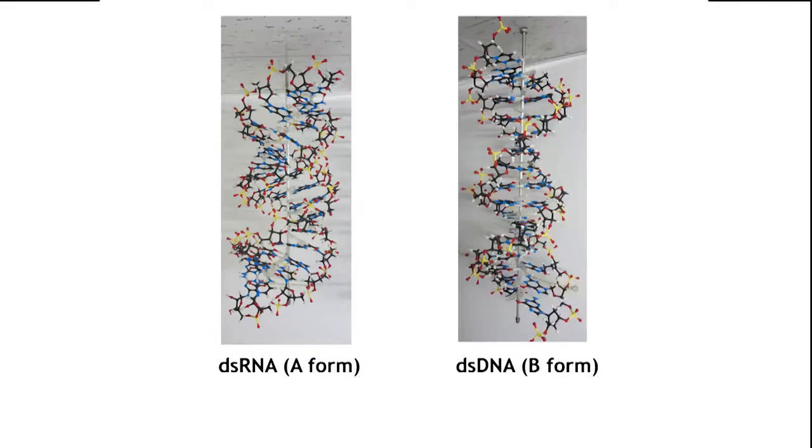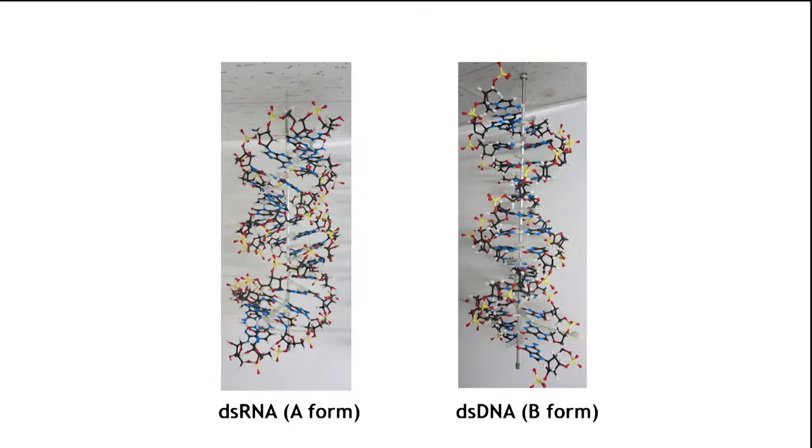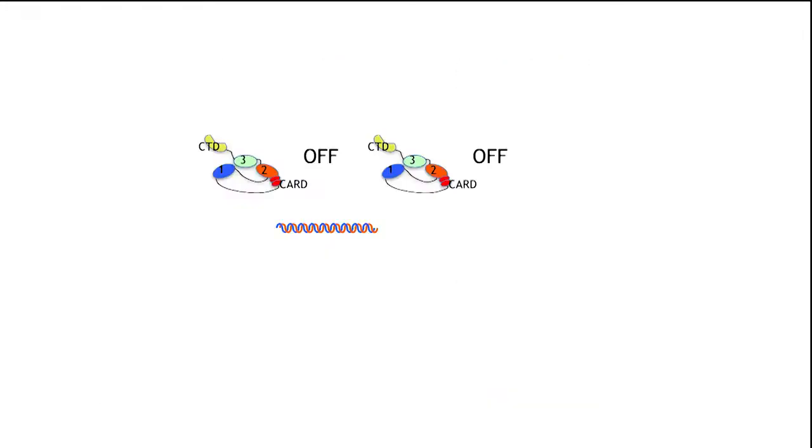Double-stranded RNA forms an A form double helix, whereas the structure of double-stranded DNA is in B form. Therefore, viral RNA sensors do not sense DNA.